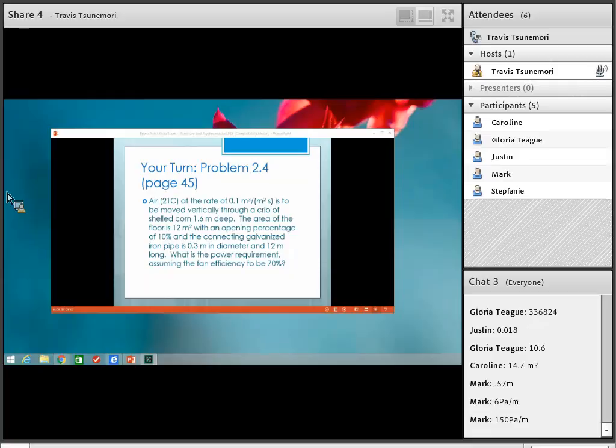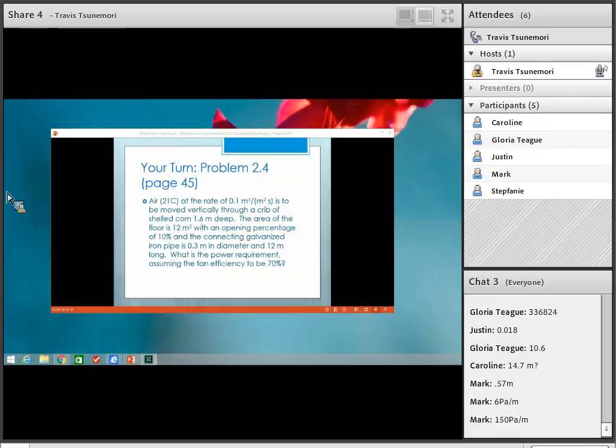Yes, 150 pascals per meter. And then we get to multiply by the depth of grain and then convert it into meters of pressure drop. So we're going to divide by the density of the fluid and the gravitational constant.